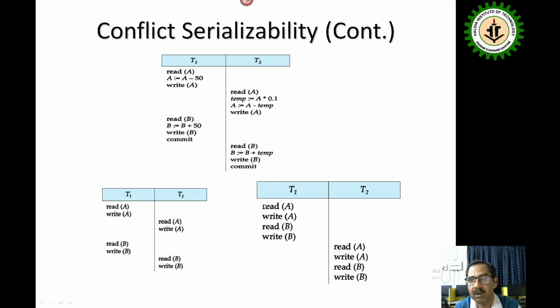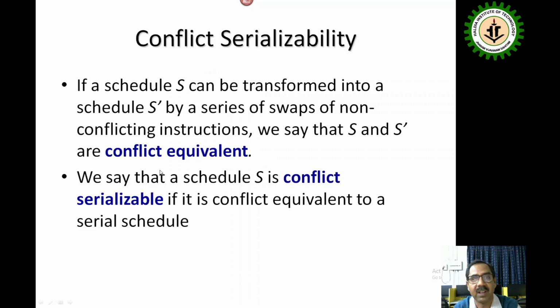So all the instructions of the transaction T1 appear together, all the instructions of the transaction T2 appear together, and after execution of T1, T2 starts its execution. This is equivalent to a serial schedule. So if a schedule S can be transformed into a schedule S prime by a series of swaps of non-conflicting instructions, we say that S and S prime are conflict equivalent, and we say that schedule S is conflict serializable.